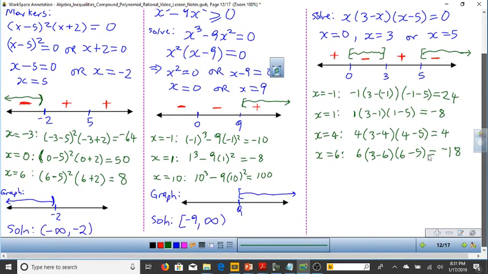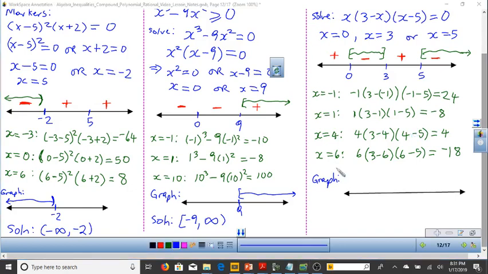And so if I were to graph the solution, my graph will basically look like this. All I'm going to do is redraw the graph with all the pluses and minuses. So 0 to 3 and 5 to infinity.